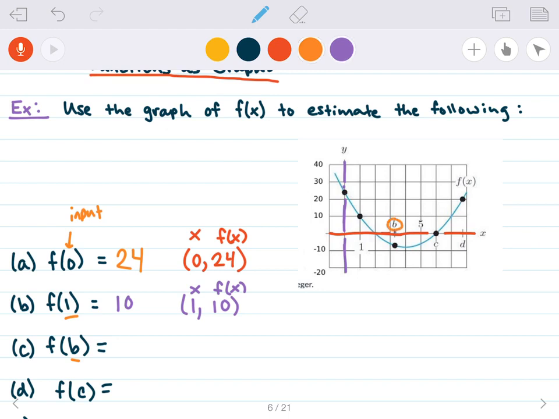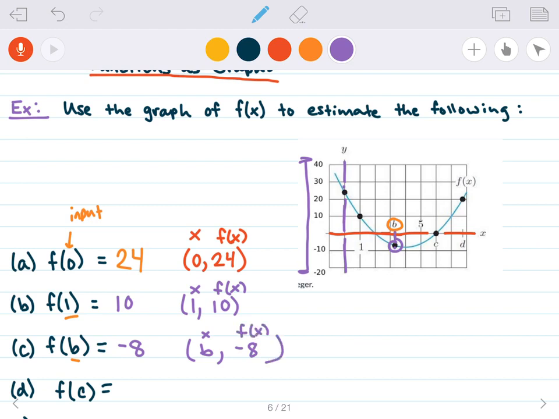Well, we look to see where b intersects that curve, and that happens right here. Looking at the y-axis, I would say that is at negative 8-ish. Let's just say negative 8. Okay. So again, our input comes first in the ordered pair. That's b, whatever that is. And then our output is negative 8, which is f of x.